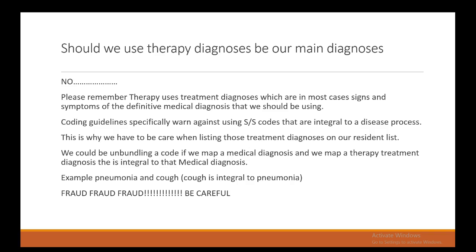We don't want the OIG coming in and examining us due to any kind of fraudulent coding processes. This is why I'm so adamant when I say, y'all, don't put those diagnoses on the list. But if you just feel you have to, do not map them, because as long as you don't map them, they won't go through and be put on a claim.